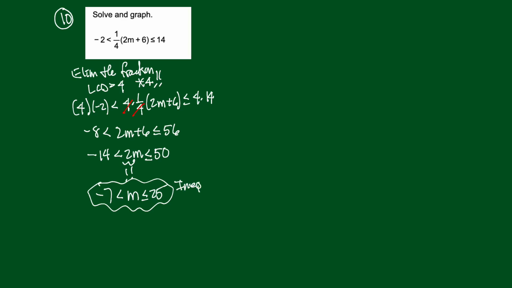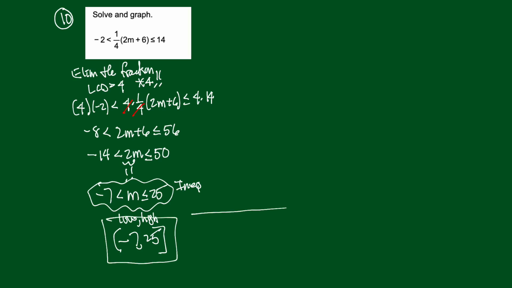So write it in interval form. Remember, in interval form we go low, comma, high. The low is negative 7, comma, the high is 25. Now, the 7 is not included, so open parentheses around there, and the 25 got an equal sign, so that is included, so square bracket. That's what we're looking for.